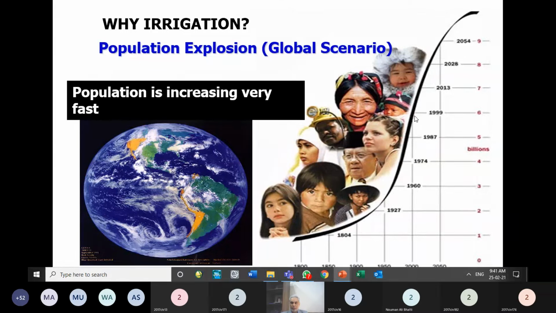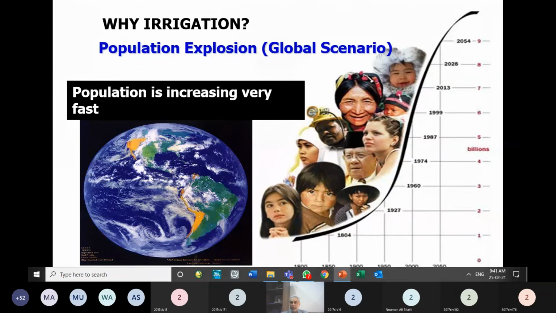This is 2000, so we are at the moment in the middle, 2020, somewhere over here. We are close to 8 billion; we have not yet reached 8 billion, but 7.4 or 7.5 billion. You see the slope of this line is quite steep in the previous few decades. So the rapid increase of population is putting a burden on food and fiber requirements.